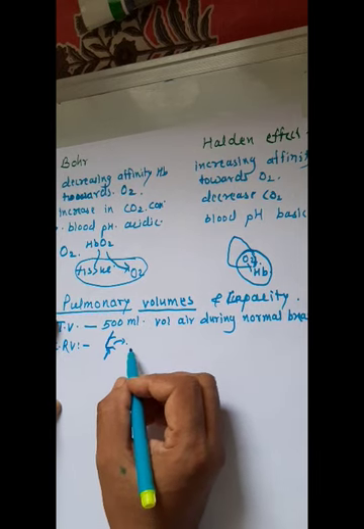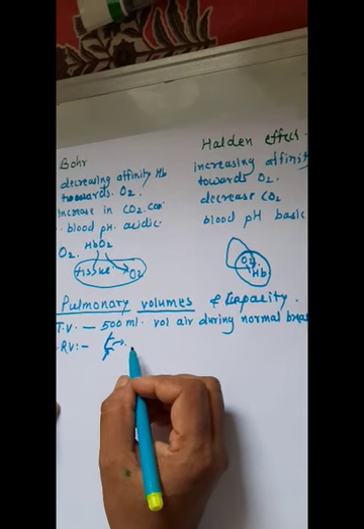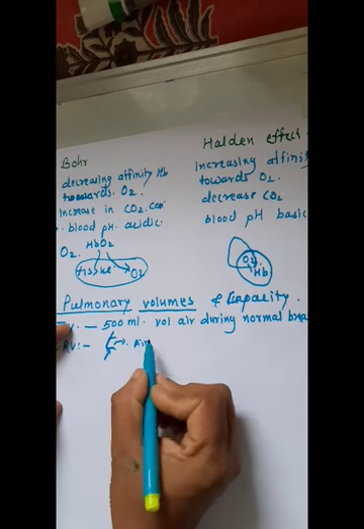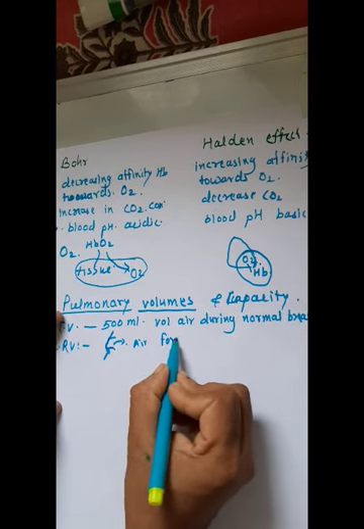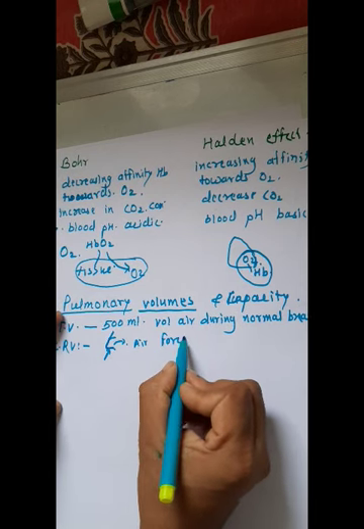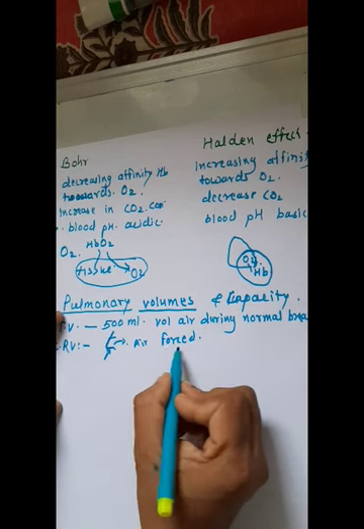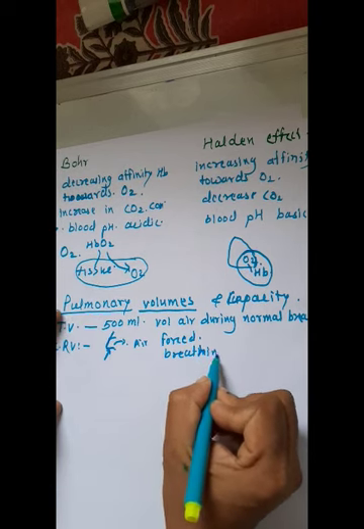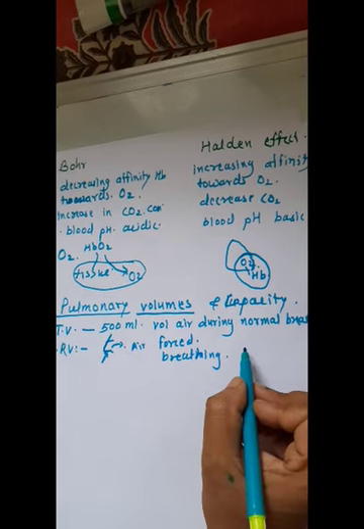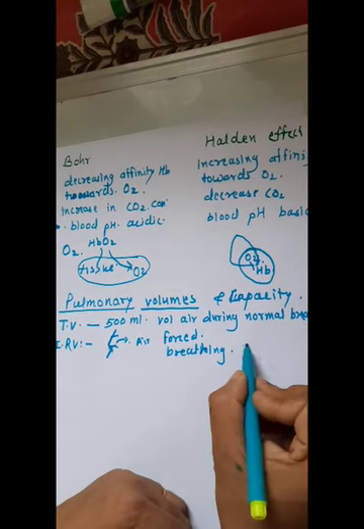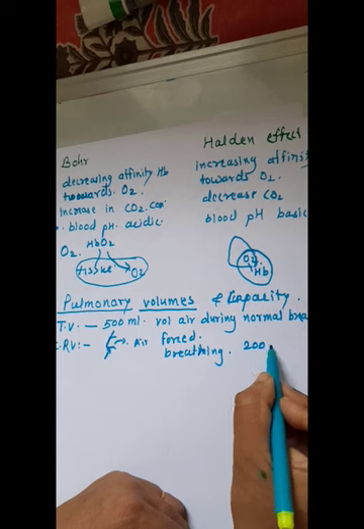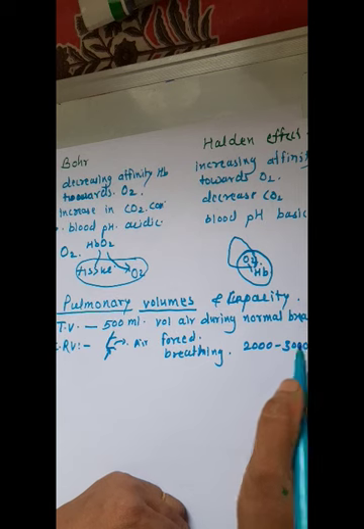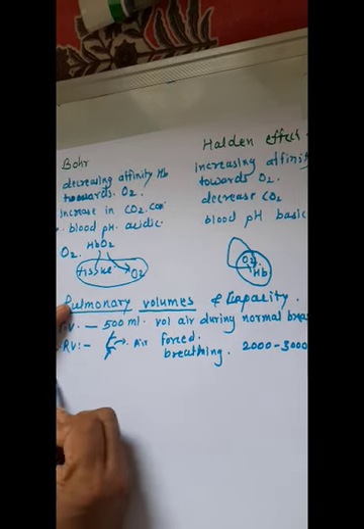The total volume of air which is inspired during forced breathing is called inspiratory reserve volume, and it is near about 2000 to 3000 ml.